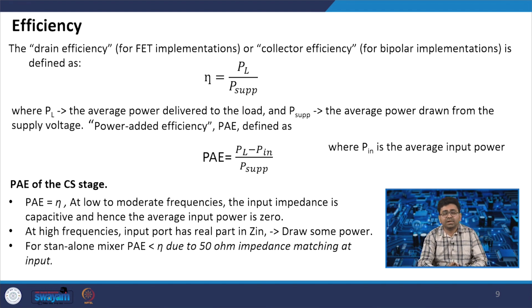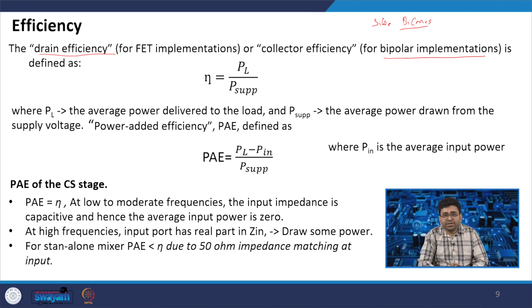Now, another important parameter in the power amplifier is the efficiency. So, there are two kinds of efficiency that we can define. One is the drain efficiency, or collector efficiency for bipolar transistor, because many power amplifiers have been designed in a silicon germanium BiCMOS process, which is widely used for power amplifier design, because its FT is high and the power handling capability is also high.